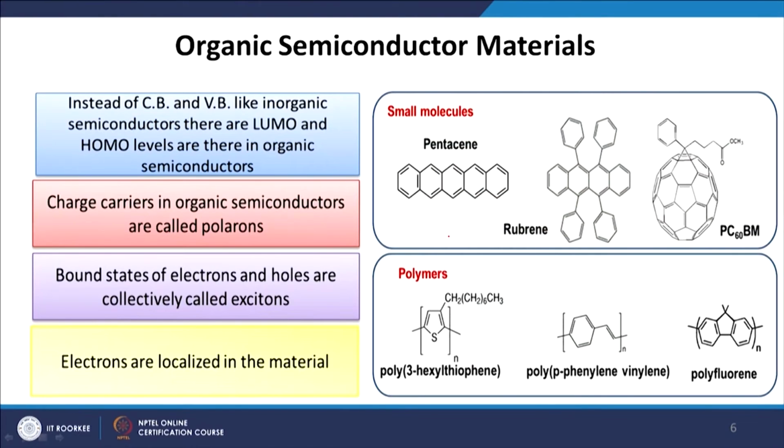Now, in this context, let us introduce some of the terminology which we use in organic semiconducting materials. In the inorganic semiconductor, we use conduction band and valence band, CB and VB. But here, instead of CB and VB, we talk about the LUMO energy level and HOMO energy level in organic semiconductors.